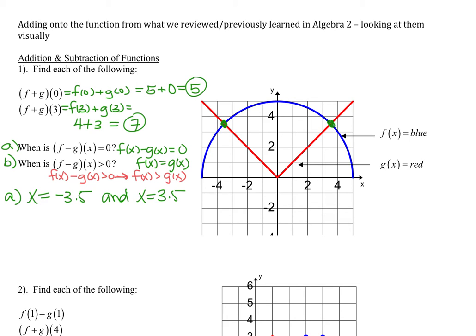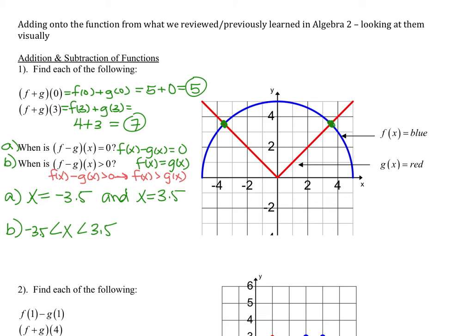So for part B, when x is greater than negative 3.5 and less than 3.5, that's when f of x is going to be greater than g of x. So f minus g of x would be greater than 0. Any questions?